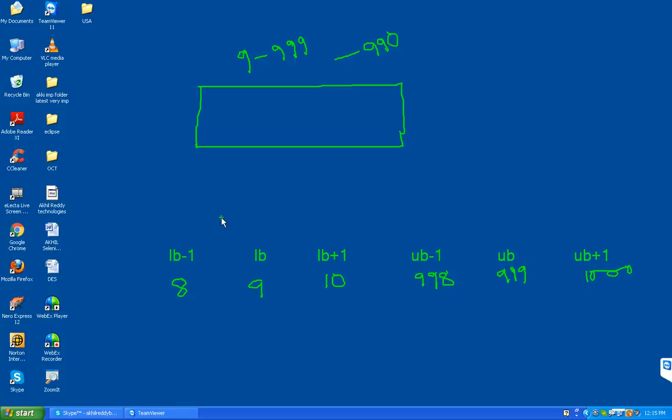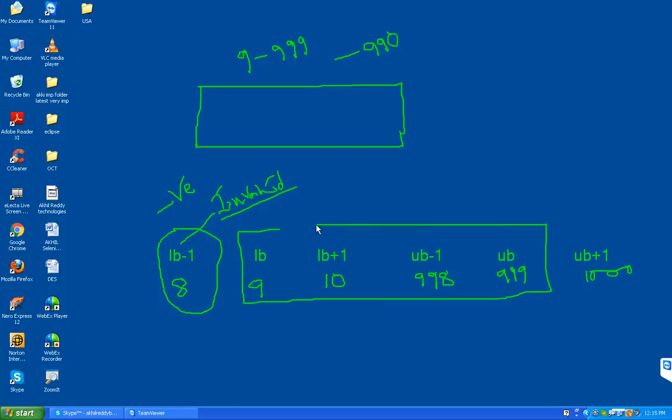Here we take 8 characters and test. 8 is an invalid input. Testing with invalid input is called negative testing. The remaining four, lower bound, lower bound plus 1, upper bound minus 1, and upper bound, are valid inputs.